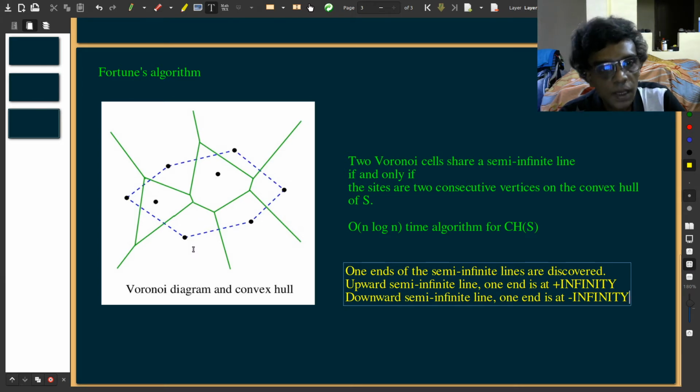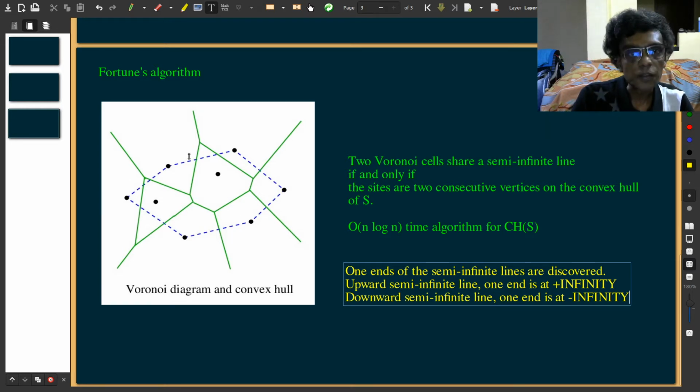Actually, we can do it in any direction: left to right, right to left, top to bottom or bottom to top. I will consider bottom to top. After we discover all these finite points and how they are connected, we will now do something about the infinity things.